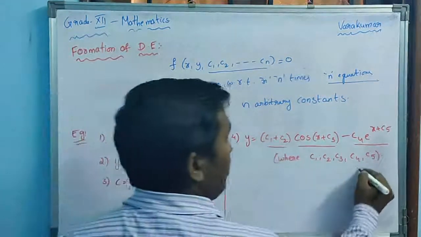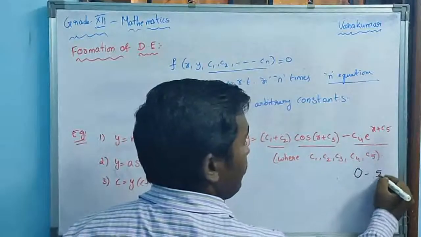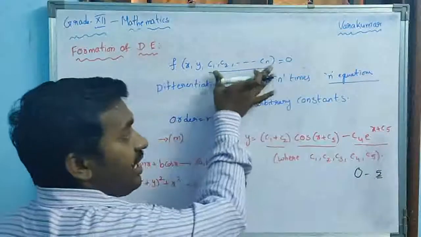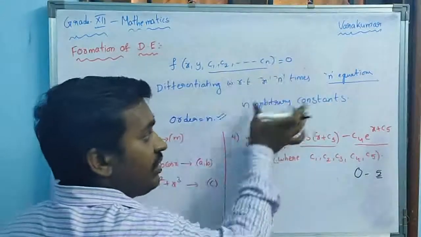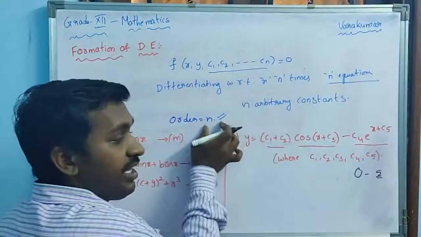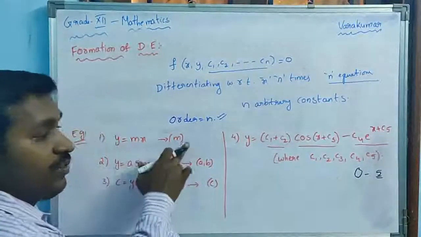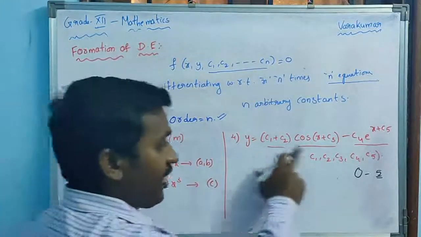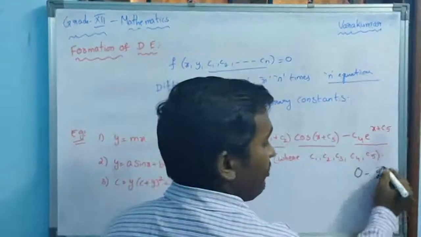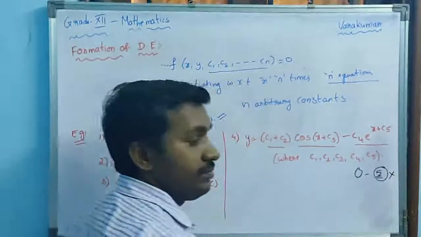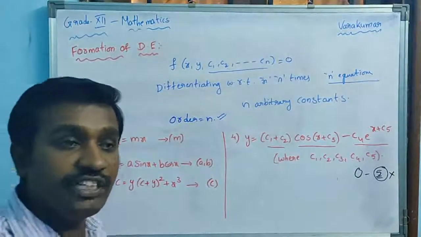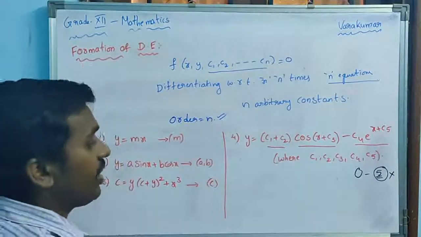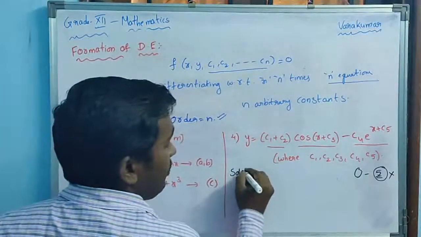Generally, what we learned so far is that n arbitrary constants give order n. Generally people will write 5. This is wrong.